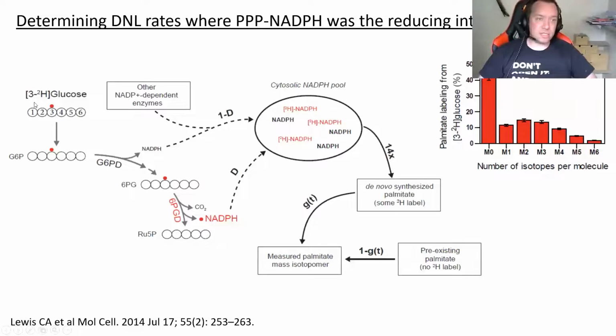The reason this is useful to us is because this enzyme, 6-PGD, which is part of the pentose phosphate pathway, when it does the interconversion of 6-PG to ribulose 5-phosphate, removes this deuterium from the 3 position and puts it onto an NADP plus to produce an NADPH. Okay?